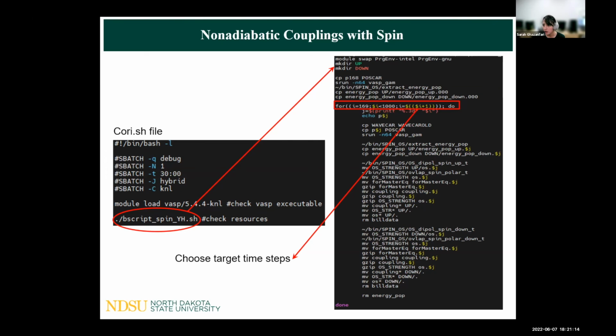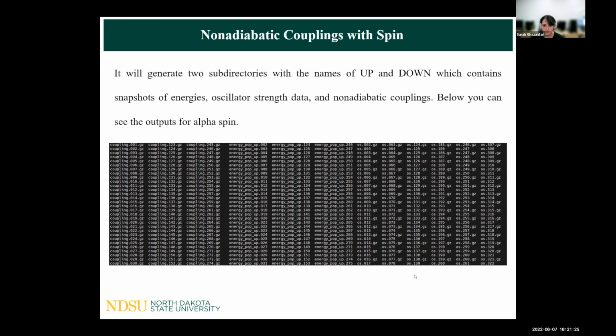I'm not sure about the response for this question. The OS files generated, and Sarah, would you please show the list of files generated in the next slide? Yes, here. So here there are oscillator strengths computed at each time step. And I believe Aaron is asking, why do we need them? Can we get anything good out of them?